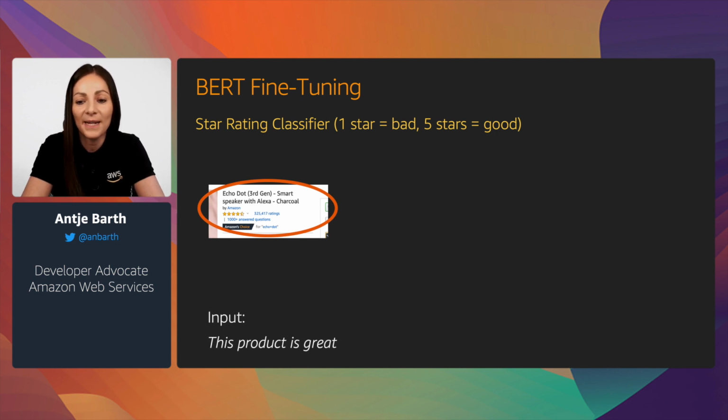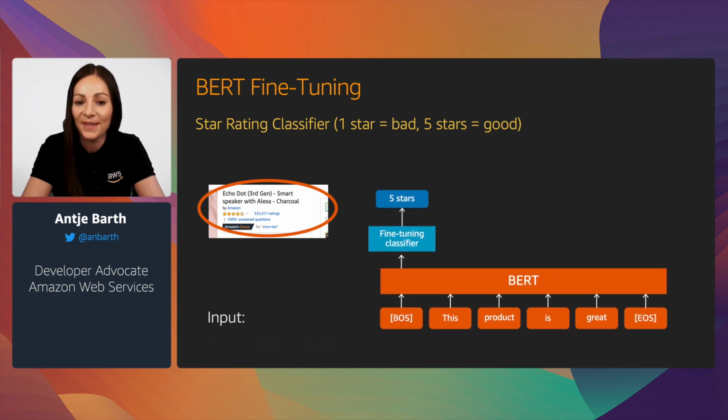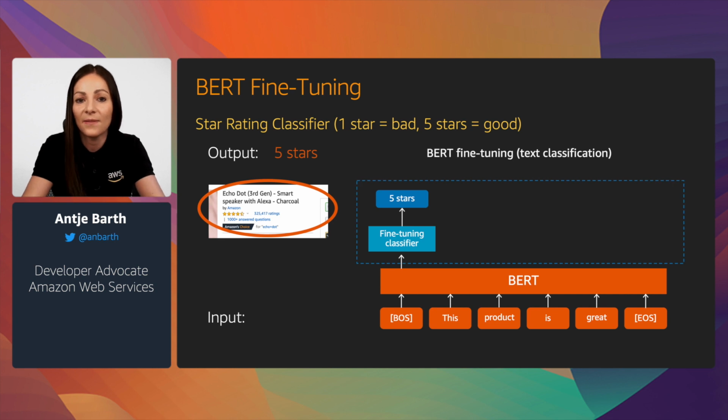So let's say I want to fine-tune the BERT model to give me the star rating for any given review text. So let's assume I put in, this product is great. I want to have BERT predicting this might be a 5-star rating. And this is happening in the fine-tuning step. So we're providing the model with very specific training data, in this case, the reviews data set. It is also labeled with the star categories, so the model can actually learn to do that text classification.